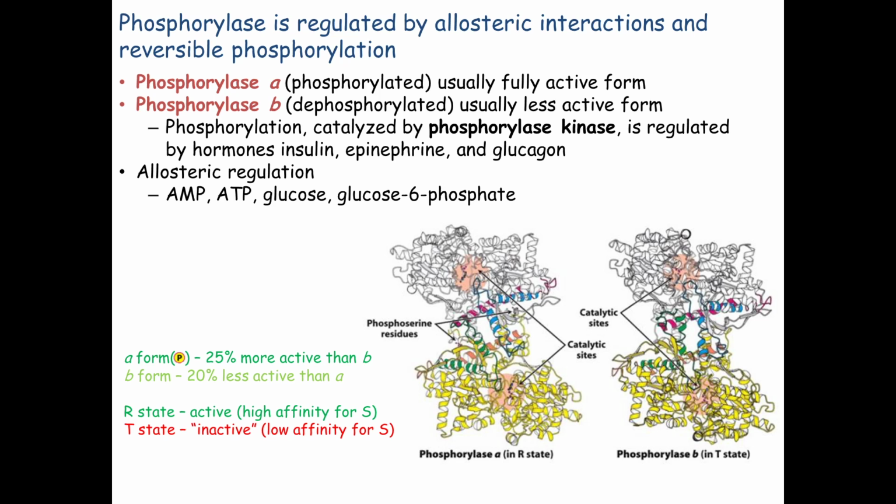We have a covalent modification, putting a phosphate on or not having it on, or an allosteric control. Some molecules binding, we'll talk about which ones bind which way in a minute, and it makes it have a different affinity for its substrate. It makes it easier or more difficult to bind its substrate.